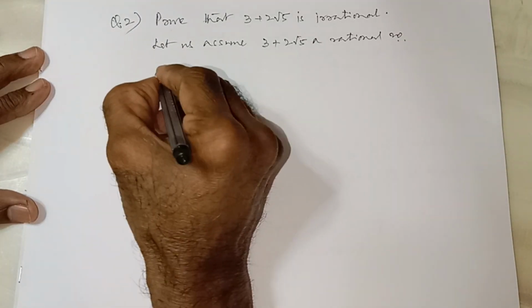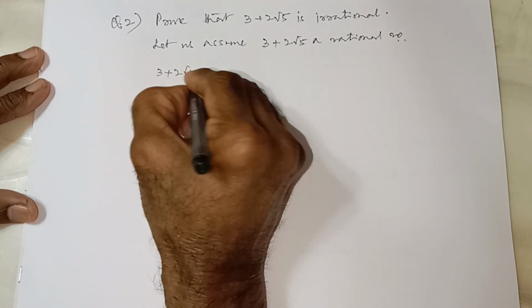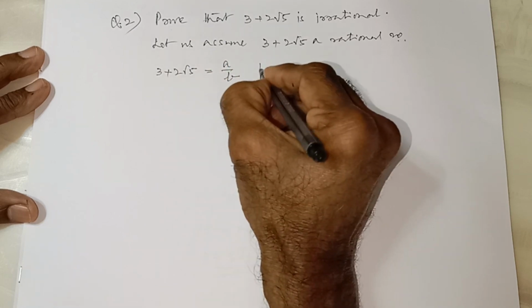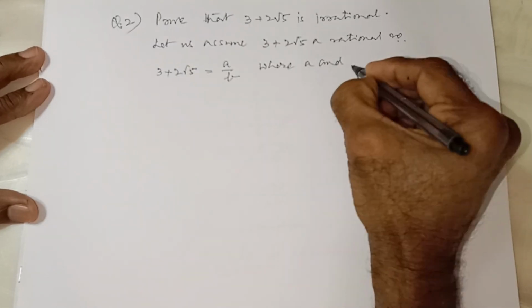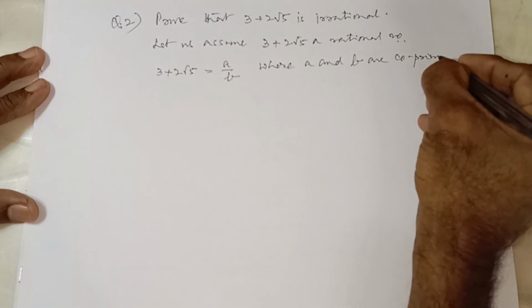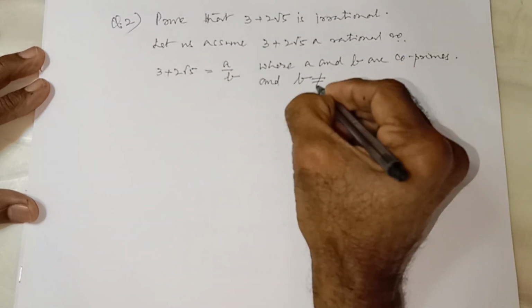If it is a rational number, then it should be equal to a by b, where a and b are coprimes and b should not be equal to 0.